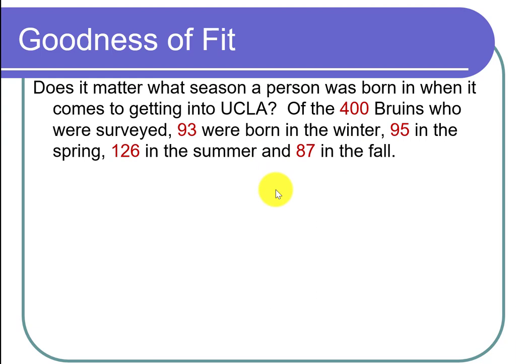So notice this is a goodness of fit. And in particular, we want to say, does it matter what season they were born in? If it doesn't, then the proportions should all be the same. And when everything is the same, every probability is the same, that's uniform.